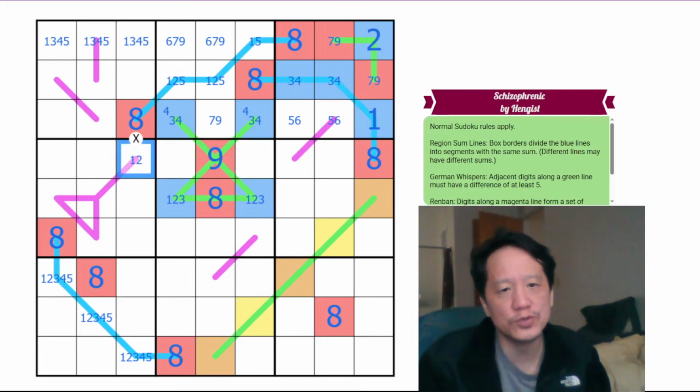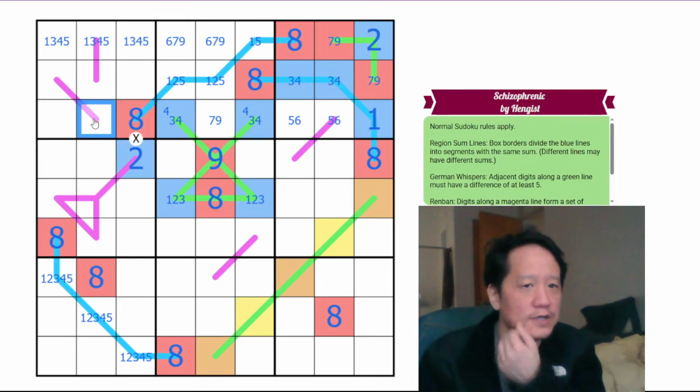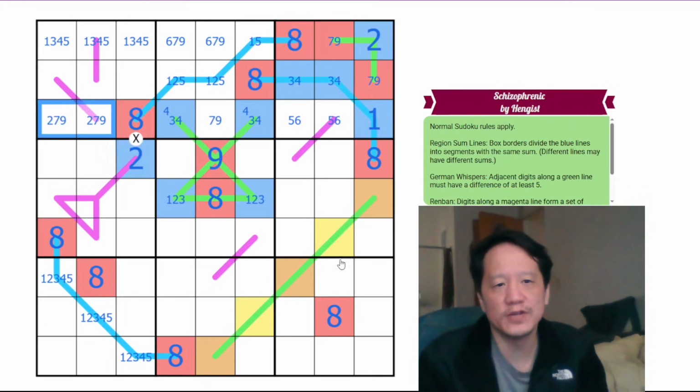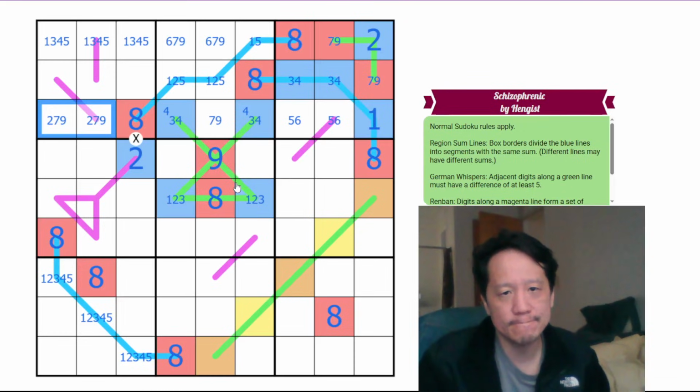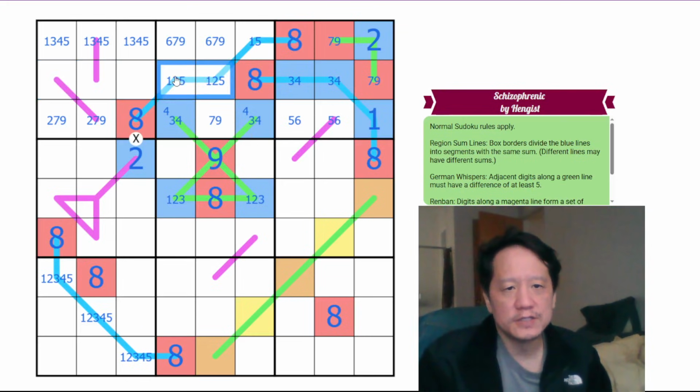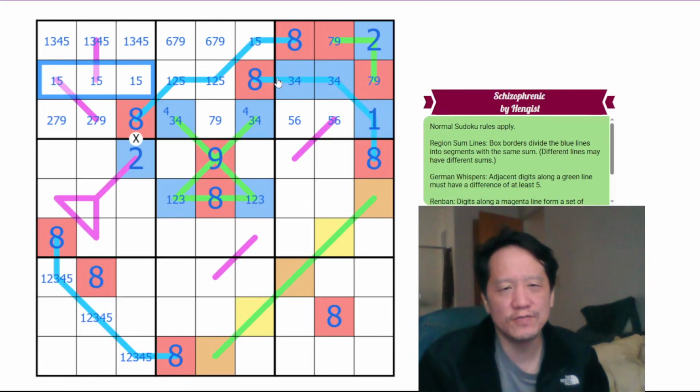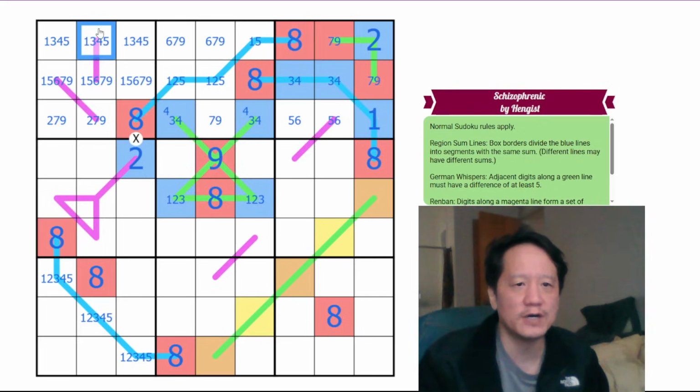This is 2 then, and is low. Remaining digits in row 3 are 2, 7, and 9. Remaining digits in row 2. This is guaranteed 2. You could have 1, 5, 6, 7, 9 are the possibilities. 1 can never be on this renban because we can't have a 2 there.